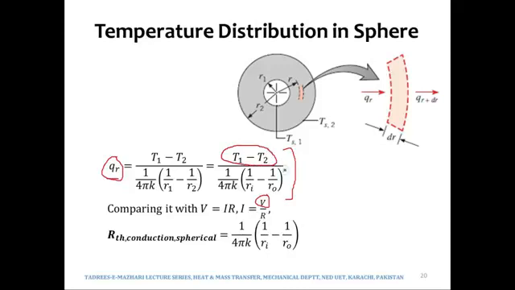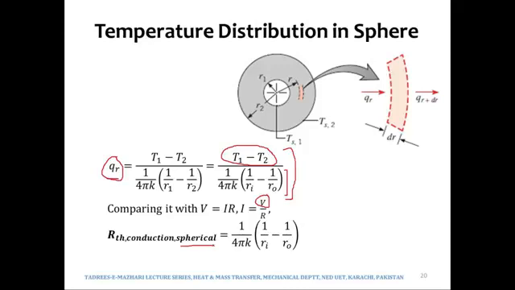So whatever we have over here in the denominator is the resistance: 1 over 4 pi k times 1 over Ri minus 1 over R0, or 1 over R1 minus 1 over R2. This is the conductive resistance in spherical coordinate system. Sometimes people get confused whether it was 1 over Ri or 1 over R0 first.